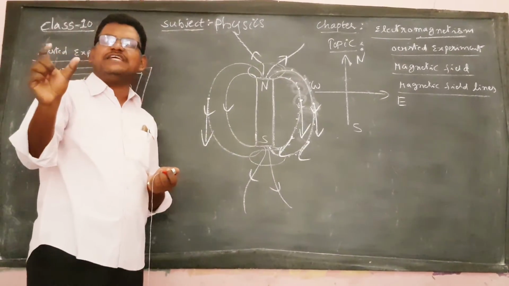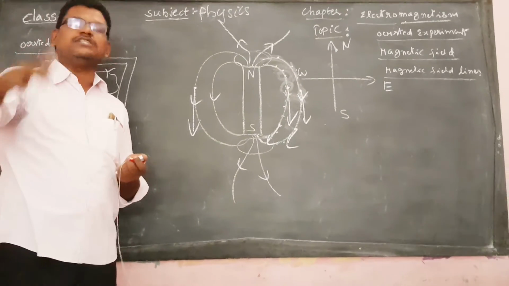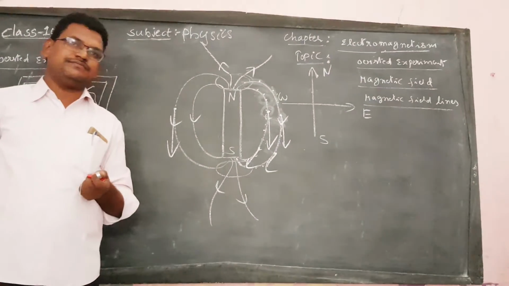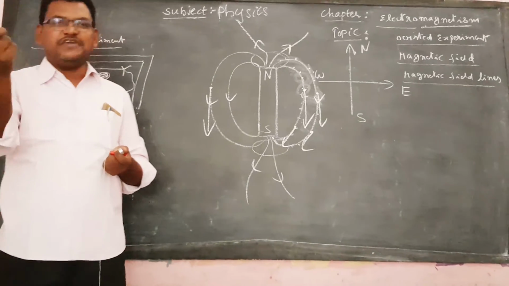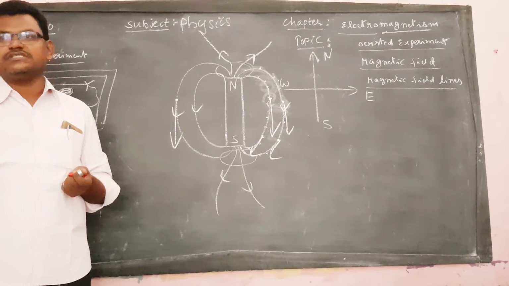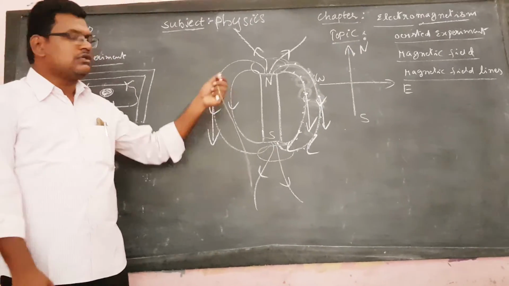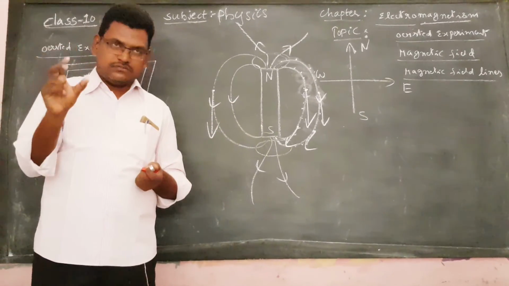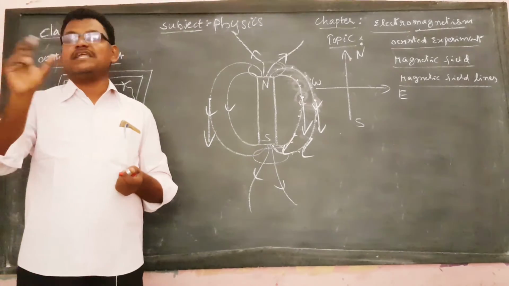If either the direction or the strength of the magnetic field changes from point to point, that is called a non-uniform magnetic field.